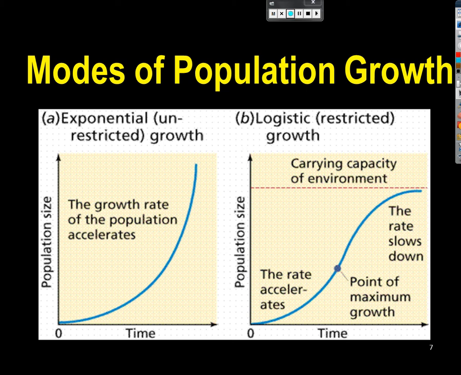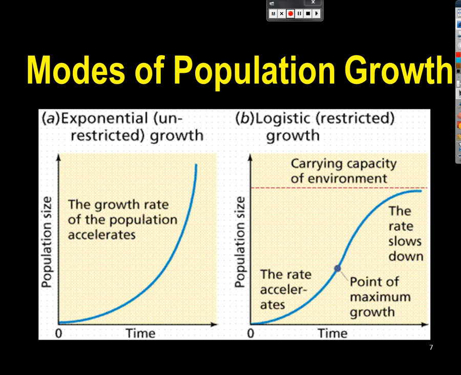So once carrying capacity is reached, the growth rate will slow down. And once it slows down, it will basically taper off and stay. Basically, that environment has reached its carrying capacity, meaning that birth rate and death rate will kind of equal each other out here.